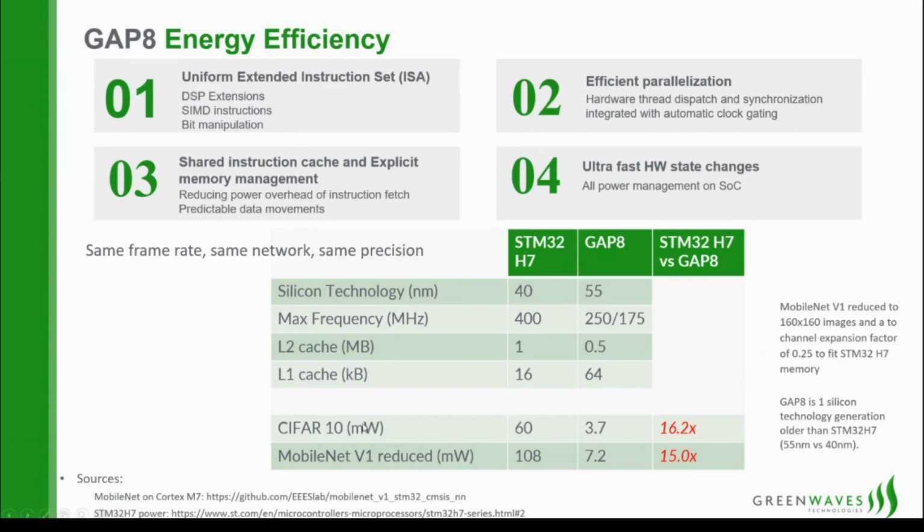And I mean here milliwatts, and that can be automatically converted into millijoules since the execution time is the same. So we implemented it on GAP in a way that the execution time for the task is the same. And for MobileNet V1, this is a reduced version because the STM32 doesn't have enough memory to run it.